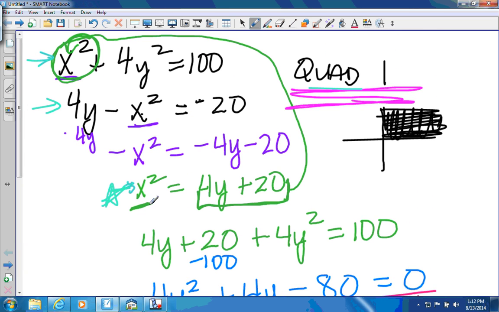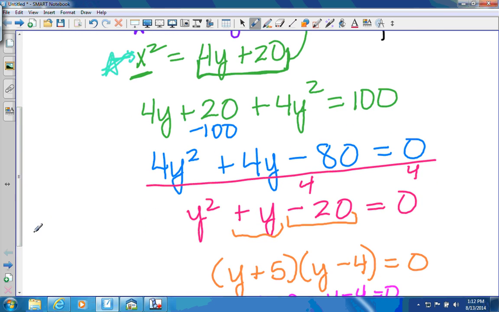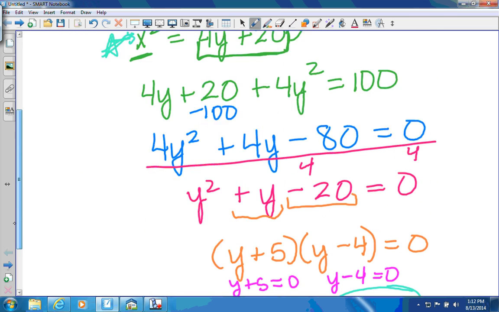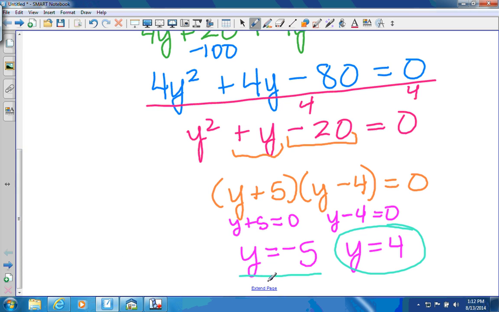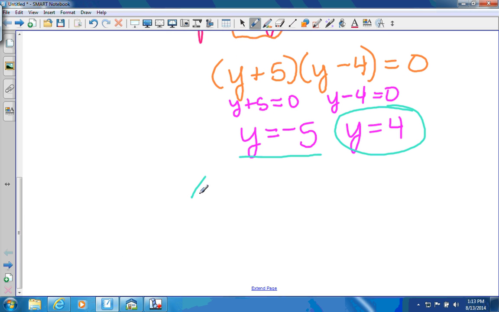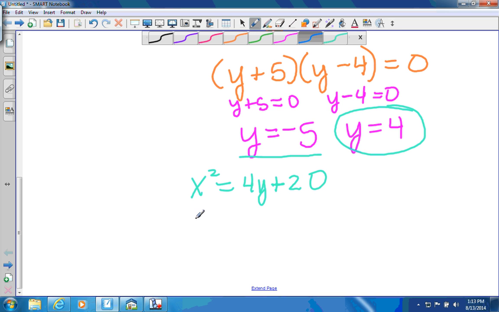In this case, I'm going to substitute y into x squared equals 4y plus 20. So x squared equals 4 times 4 plus 20.